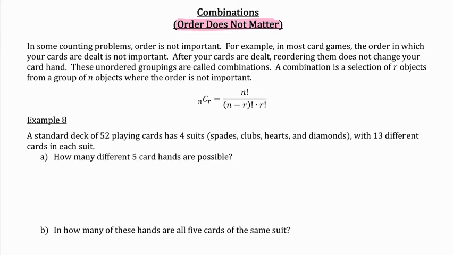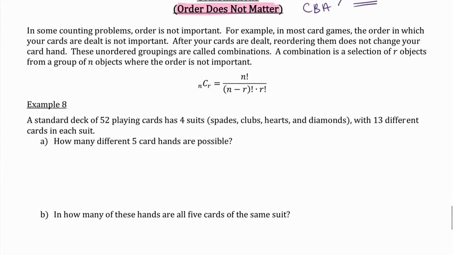We only want to count possibilities that are different even if we change the order. So I could say A, B, C and C, B, A are the same. If those things are the same, then order doesn't matter. And we'll see some examples of that.